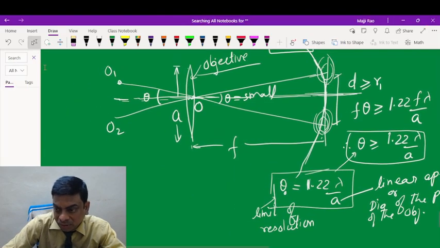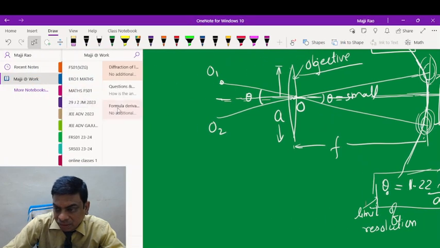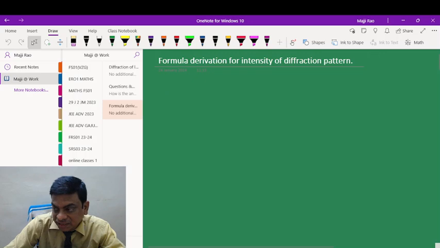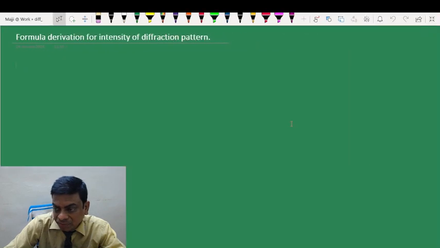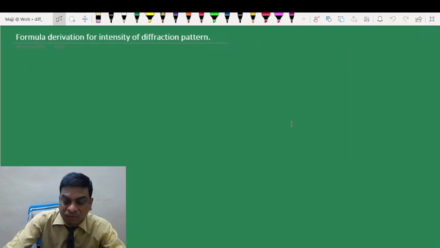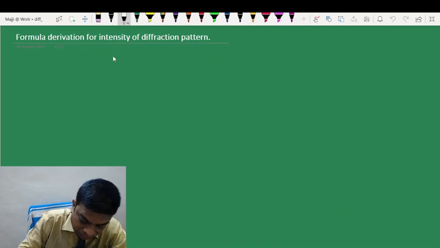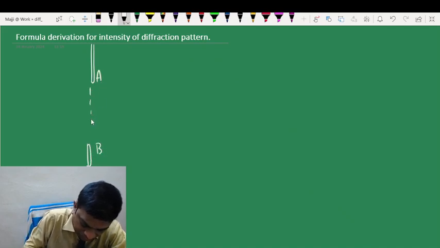One next topic, what I am missing is one more topic, that is formula derivation for intensity of diffraction pattern, Fraunhofer's diffraction pattern. That intensity we have to understand. Now basically what happens is this: you have a slit, okay, this is the wavefront, and we have to understand the effect of this.